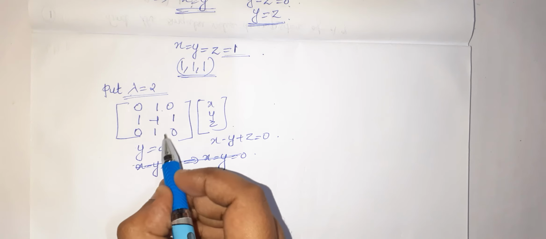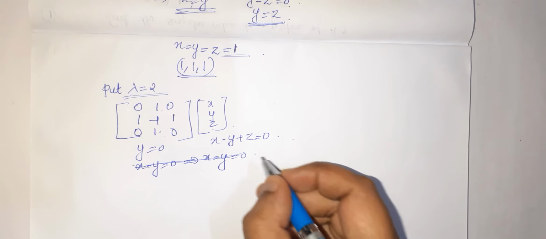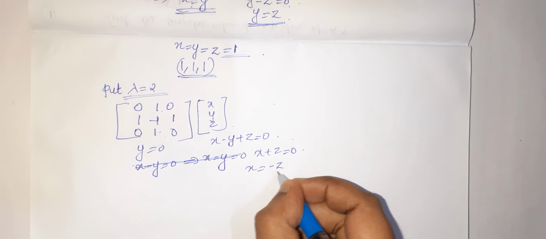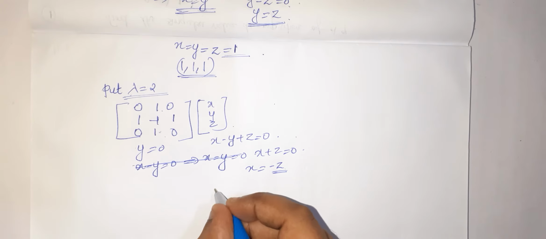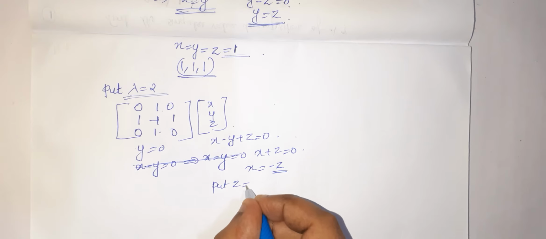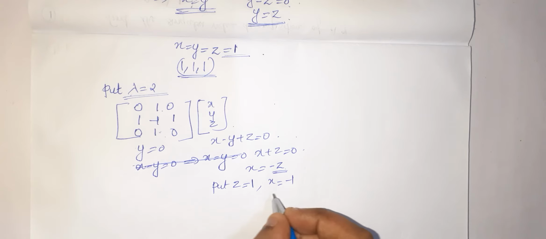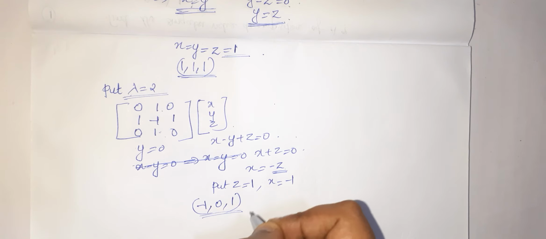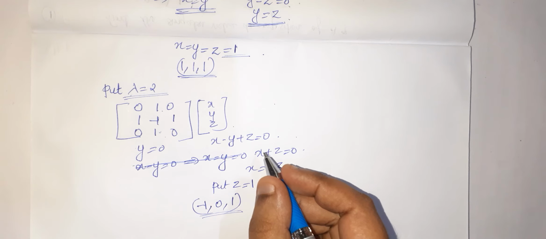The last one is the same, y equal to 0, so no need to write that. Substitute y equal to 0 here, therefore x plus z equal to 0, therefore x equal to minus z. Therefore when z equal to 1, then x will be minus 1. Therefore the eigenvector is minus 1, 0 and 1 for lambda equal to 2. So we have obtained the eigenvectors corresponding to all the lambda values.